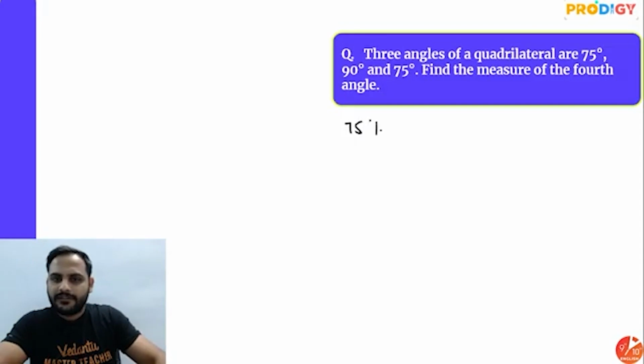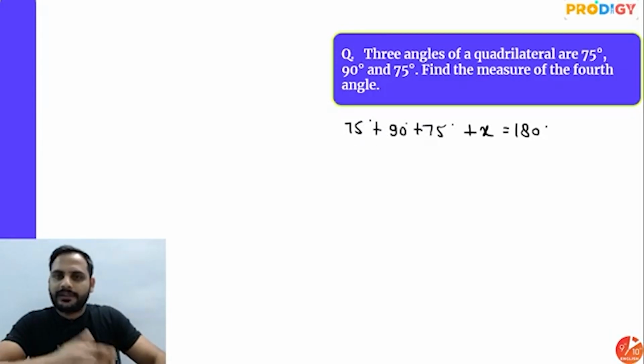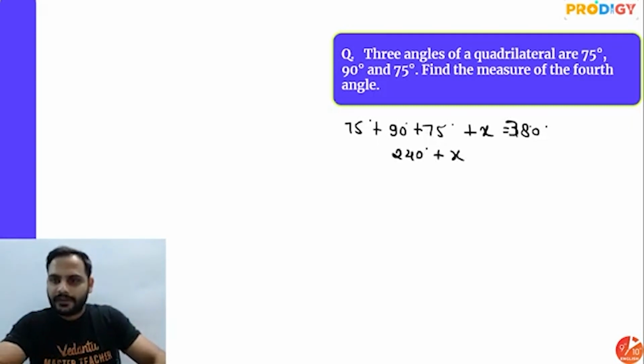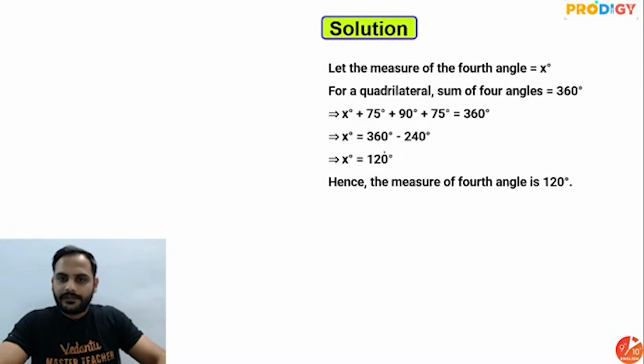So 75 plus 90 plus 75 plus, let's say, x is equal to 360 degrees. You'll get 75 plus 75 is 150 plus 90 is equal to 240. 240 plus x over here is equal to 360 degrees. So x is equal to 120 degrees, right? 120 degrees will be your correct answer.